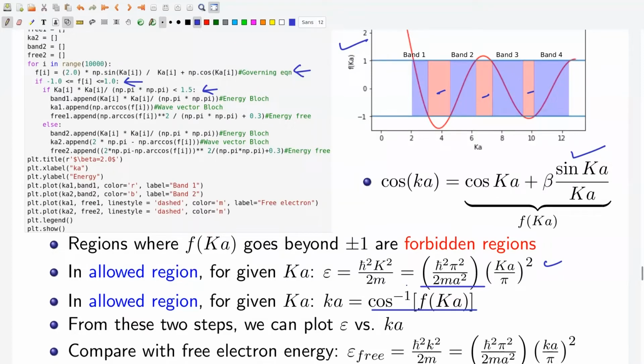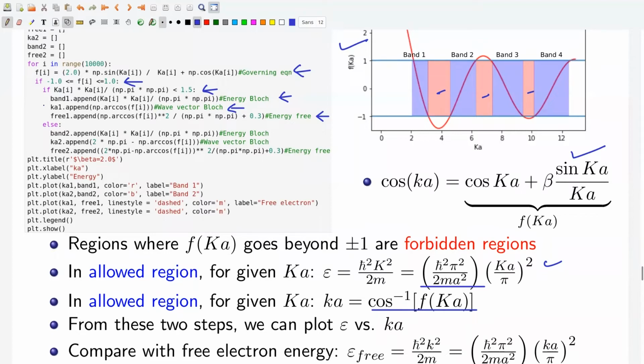If the energy lies in the first band, we calculate the energy, we calculate the wave vector, and we calculate the corresponding free electron energy here in the code. All the values are stored in different lists.